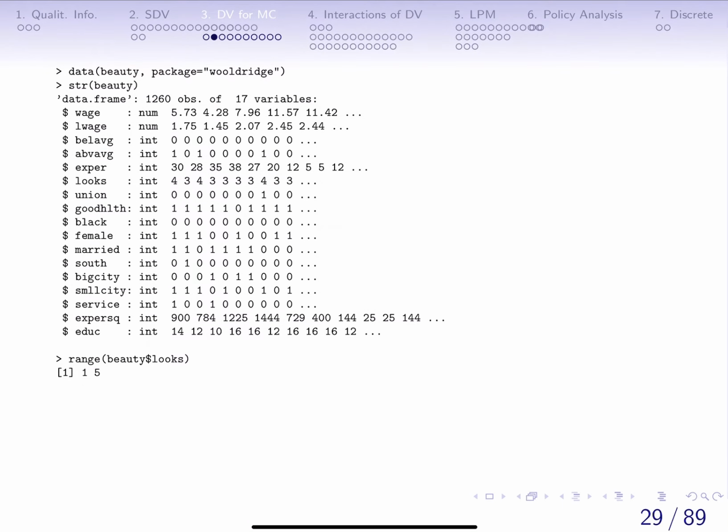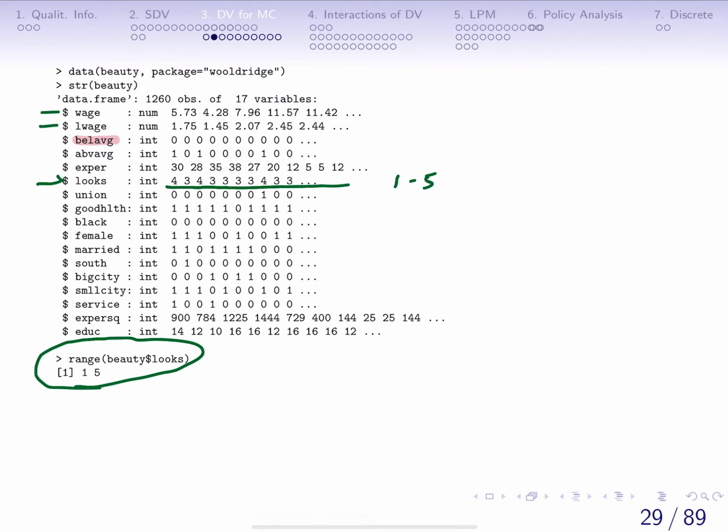So here's a look at your data set, which has information on wages, log wages, and looks, which is this variable that takes values between 1 through 5, right? Here you can actually look at the range of any variable. But there are some other variables that are constructed that would make more sense.